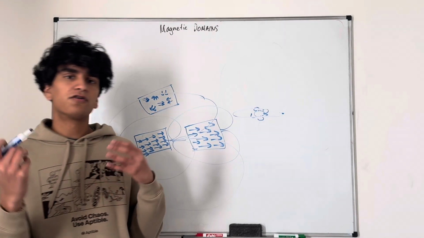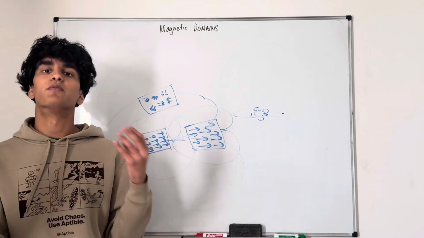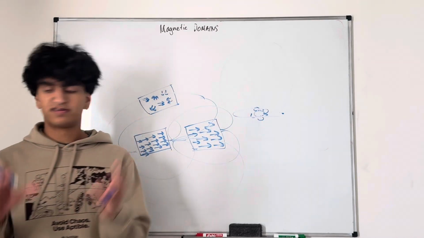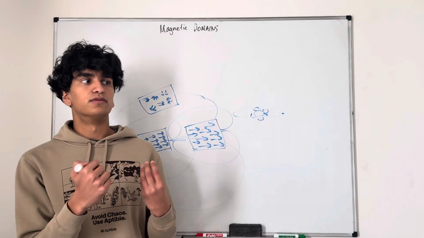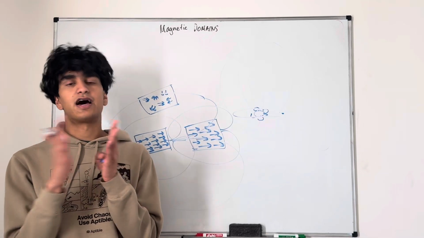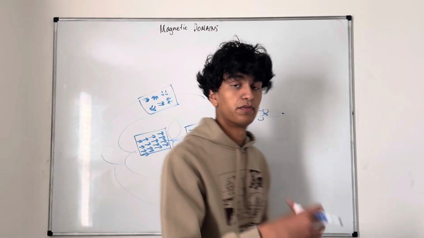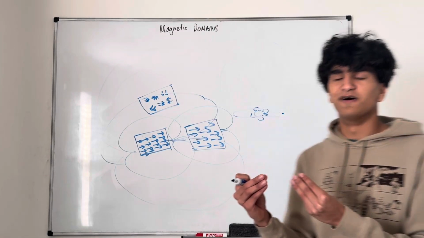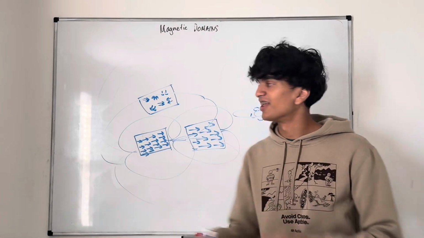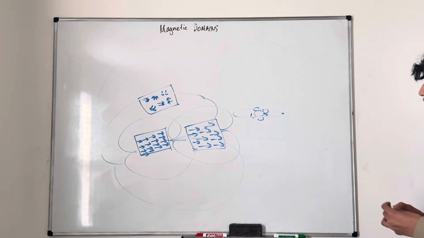A lot of the electron domains, or magnetic moments as the textbook refers to them, all align with one another. That's why certain atoms, or certain elements, are magnetic and certain elements are not.